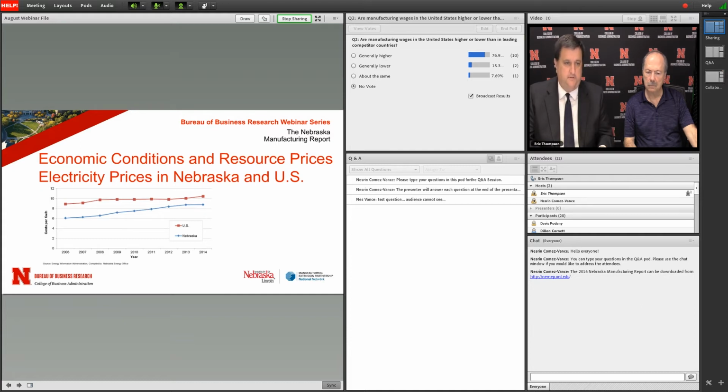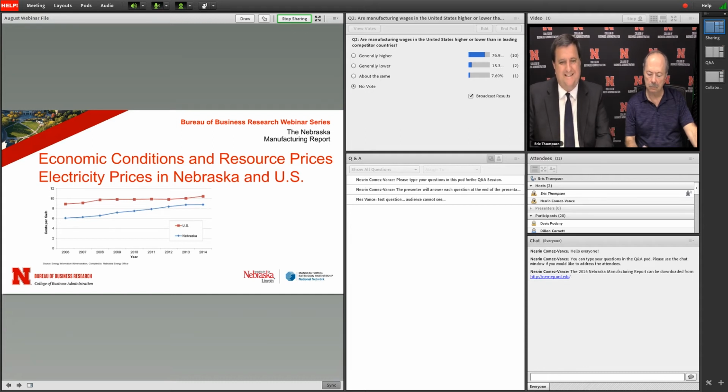Now, you will notice if you look at this period from 2006 to 2014, it seems like the gap between Nebraska and the rest of the U.S., the size of our advantage, has declined a little bit during that period. Like many parts of the country, Nebraska has been adding more capacity and alternative energy. There's a variety of issues there and benefits and costs to consider. I think one consequence of that has been a little bit of a relative increase in our electricity prices.